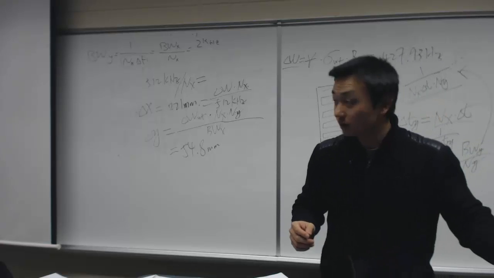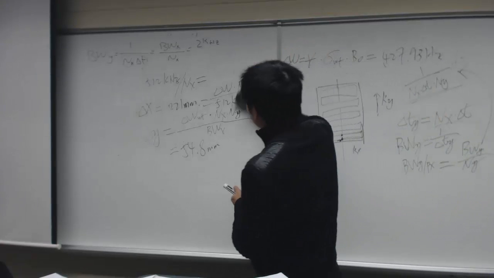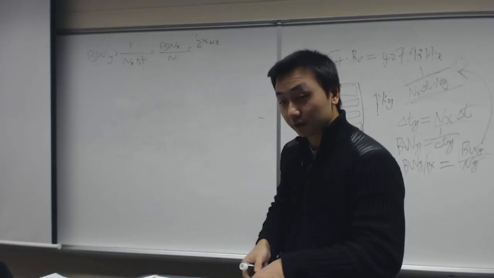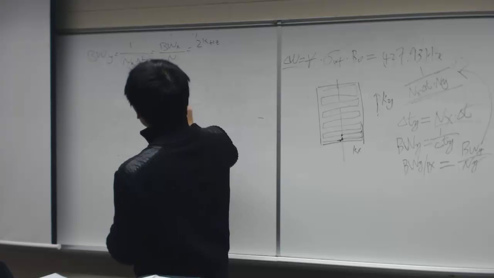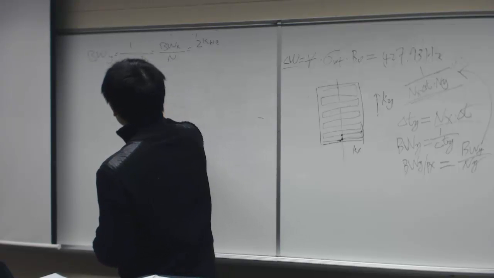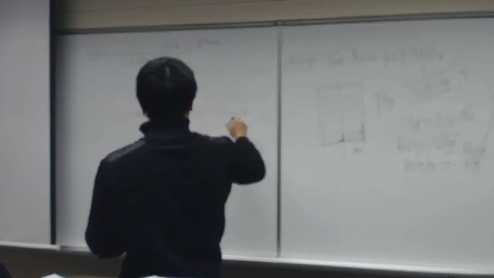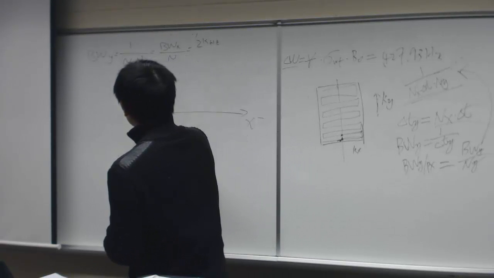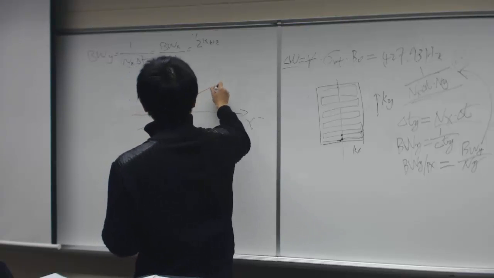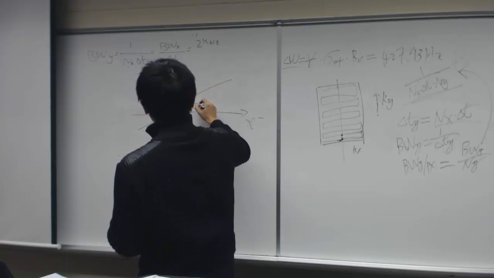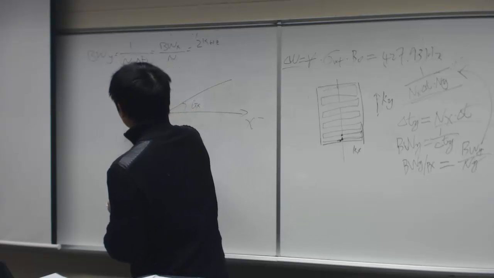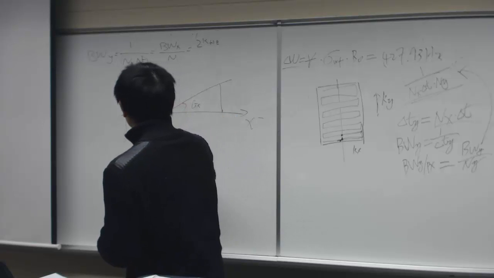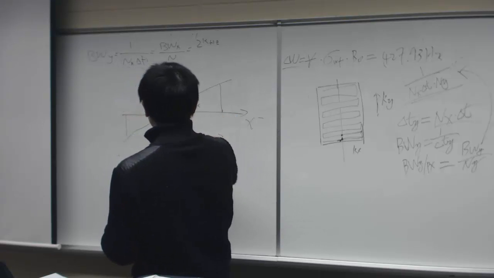Yeah. So, just to further understand this bandwidth, let's say this is the x, right? We have gradient Gx around here, and let's say the FOV. So this is the FOV along this direction.